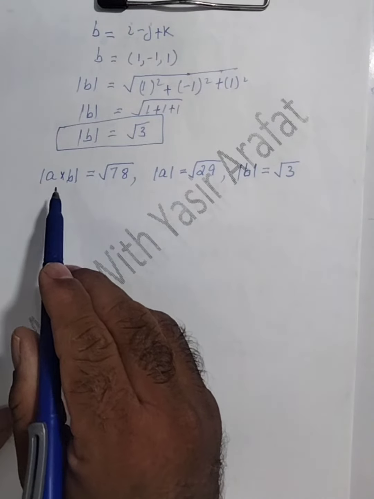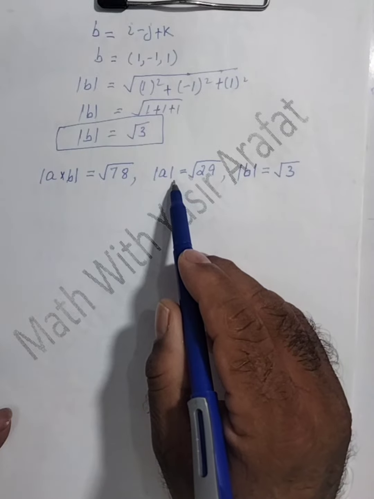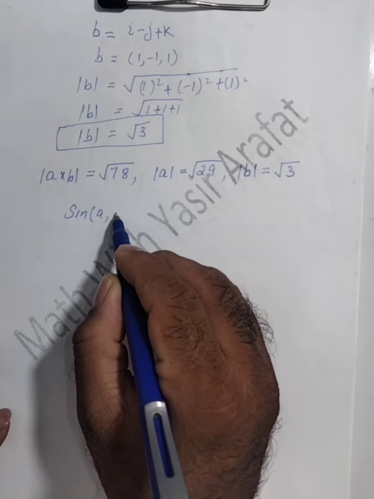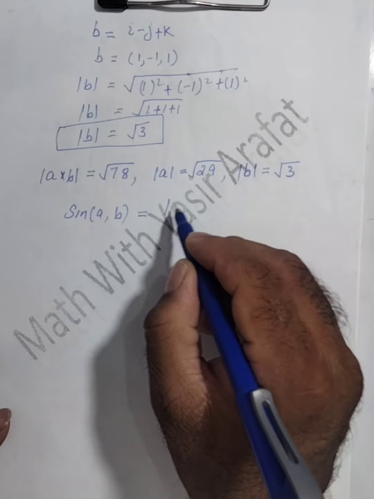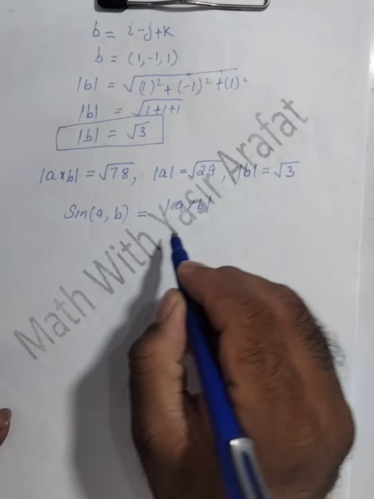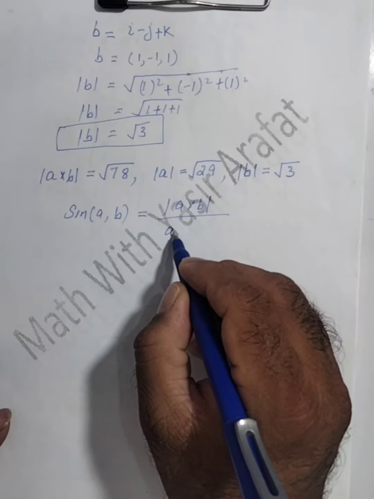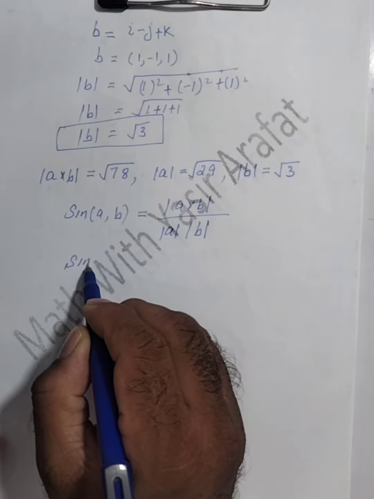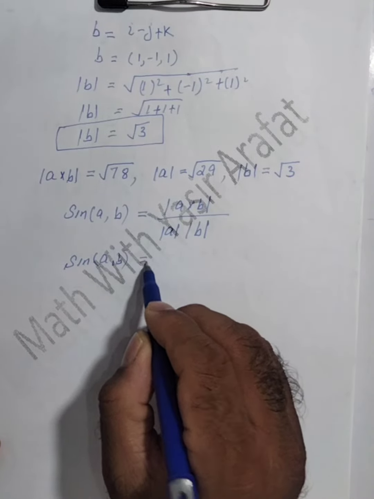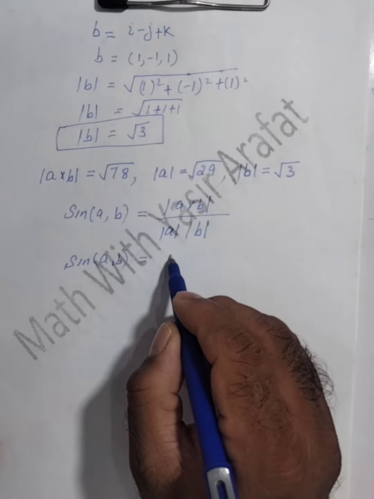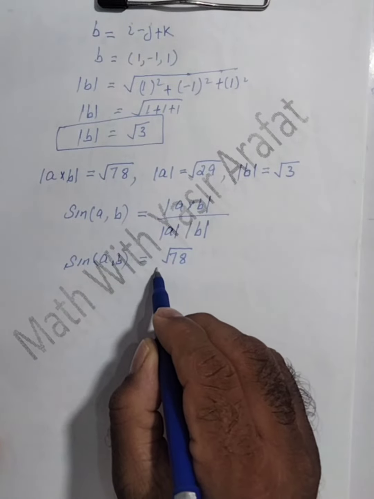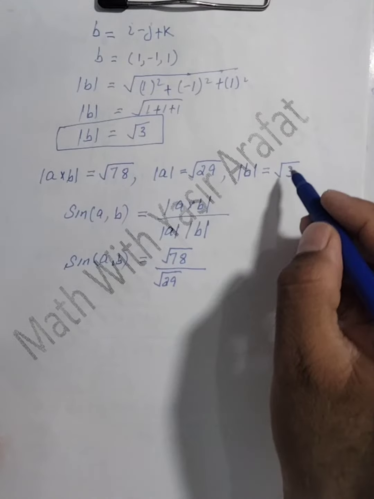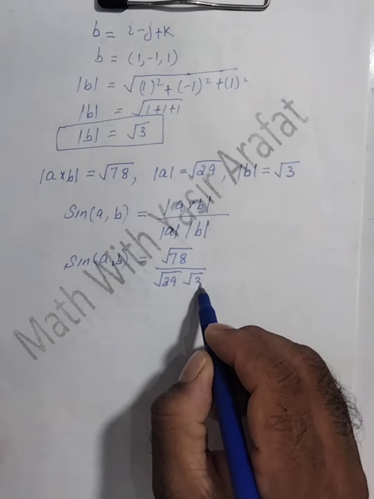Now we have already found the modulus of A cross B, the modulus of A, and the modulus of B. And the formula is sine of A comma B equals the modulus of the cross product A cross B divided by the modulus of A into the modulus of B. So we just have to multiply: the modulus of A cross B is radical 78, modulus of A is radical 29, modulus of B is radical 3.